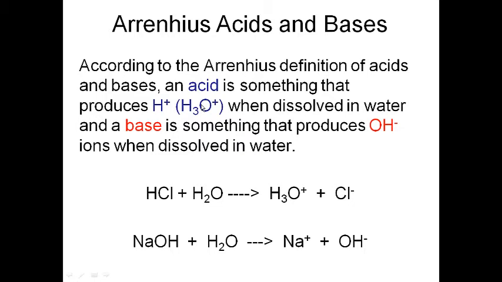That was the basic definition that Arrhenius used. So we know that things like HCl, if you dissolve them in water, you get H3O+ or H+ and Cl-. Sodium hydroxide dissolved in water produces hydroxide ion.